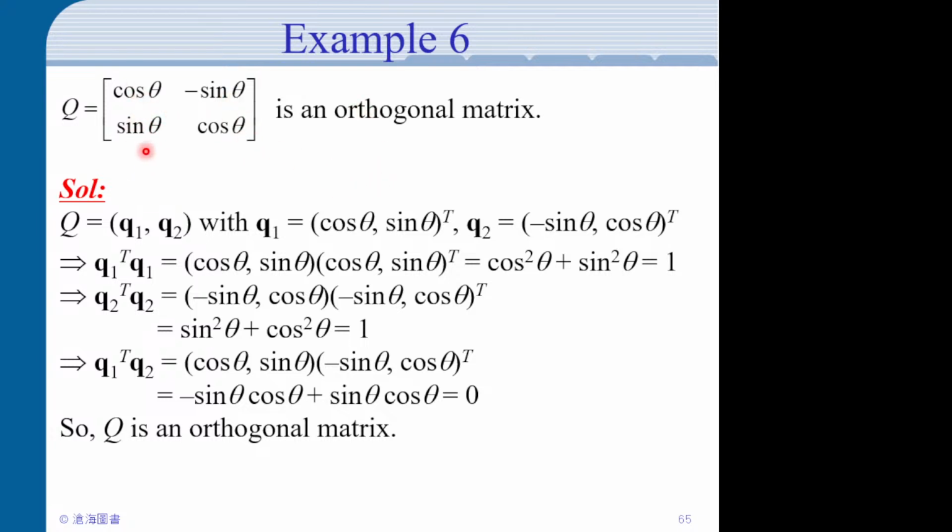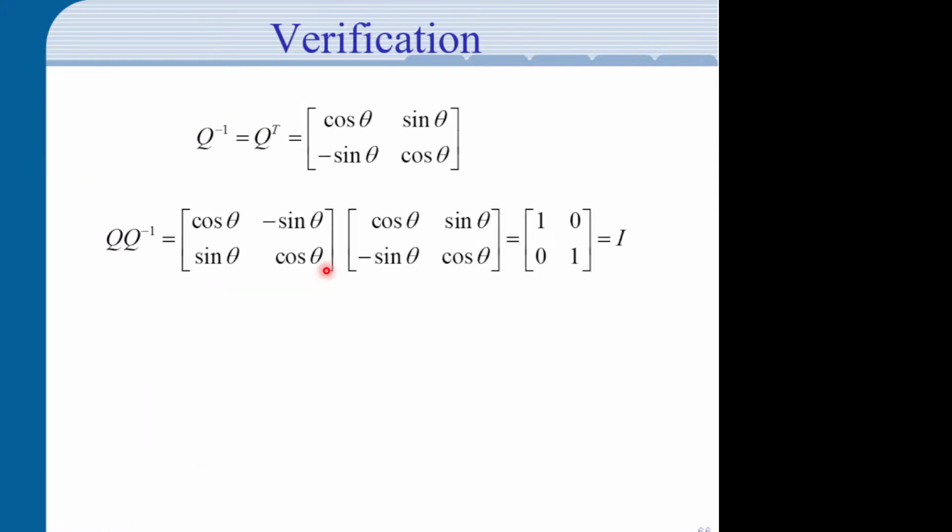We want all the column vectors to be orthonormal to each other. Q1 is this thing and Q2 is this thing. The norm square of Q1 is cosine square plus sine square, equal to 1. The norm square of Q2 is sine square plus cosine square, equal to 1. And the inner product is minus cosine theta sin theta plus cosine theta sin theta, equal to 0. So this is an orthogonal matrix.